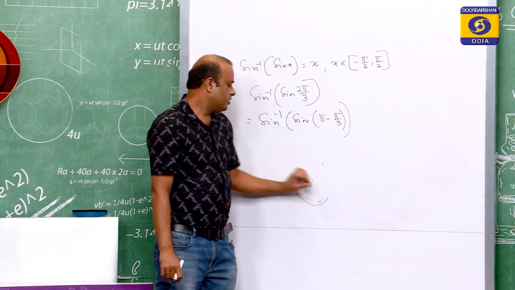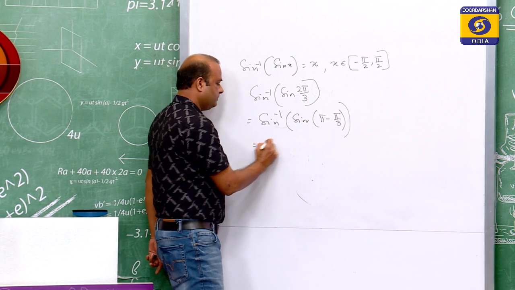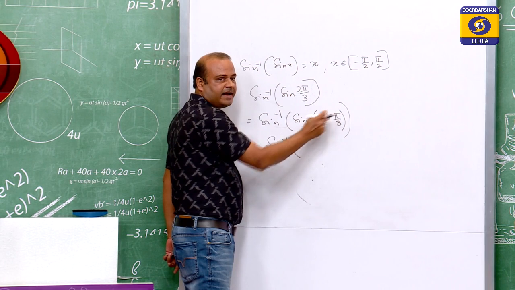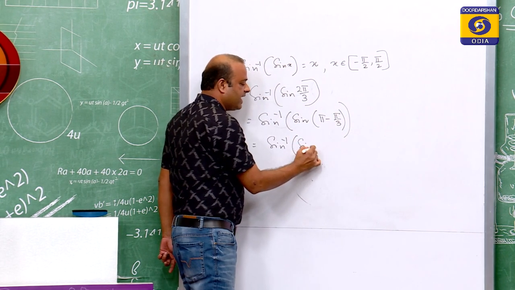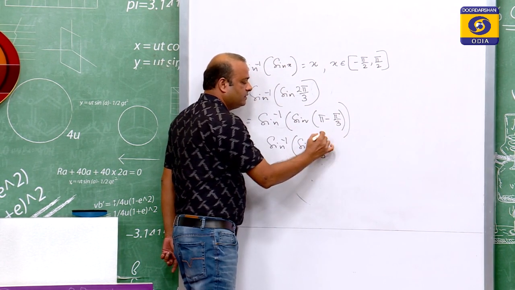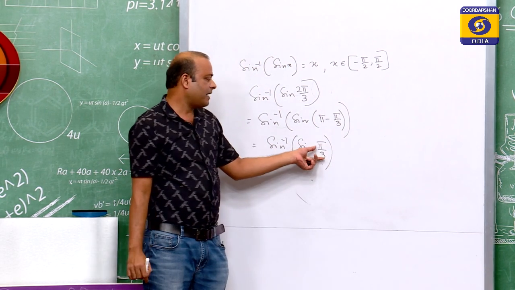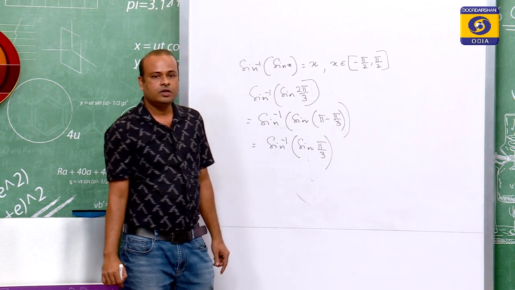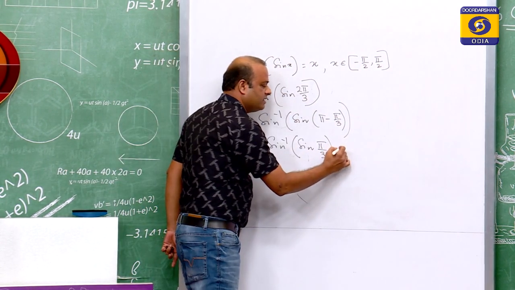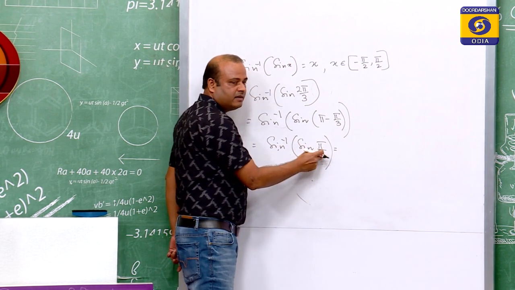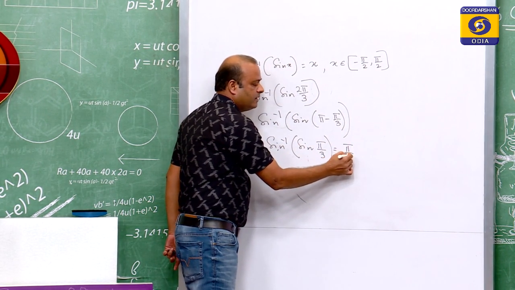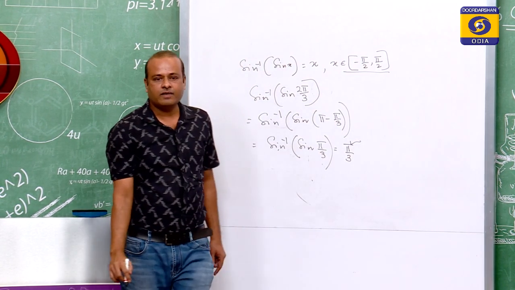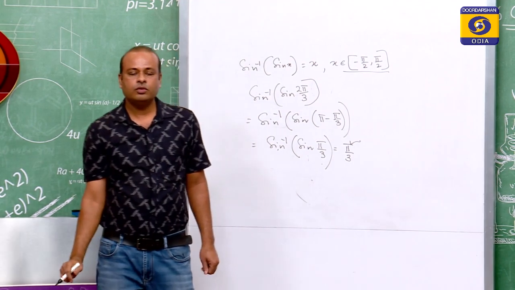Now you know sin of pi minus theta is sin theta, so it is sin pi by 3. Now you can see that pi by 3 is within minus pi by 2 to pi by 2. So now you can write sin inverse sin x is your x, because this x is in the closed interval of minus pi by 2 to pi by 2.